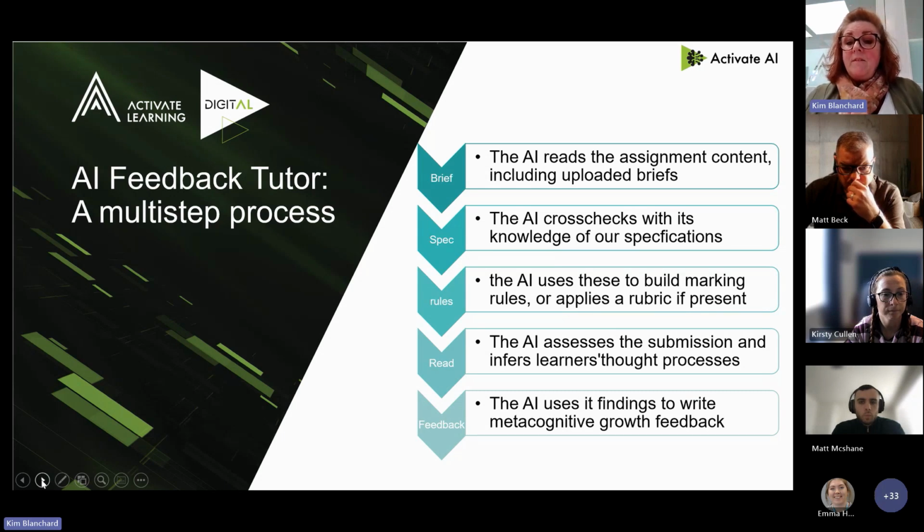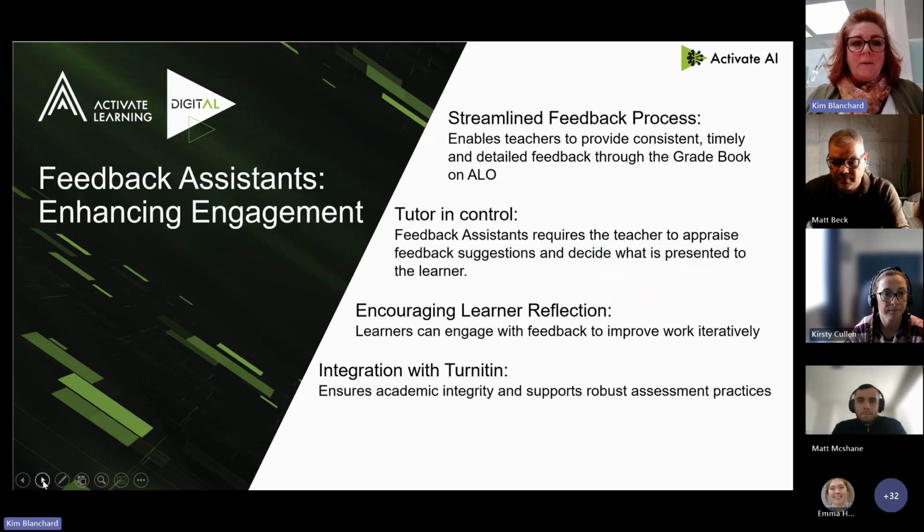It will then assess the submission, infer the learner's thought processes, and then the AI uses its findings to write that metacognitive growth feedback. So really valuable. So Canvas is really underpinning the delivery model of the tutor, because we've designed it around that.